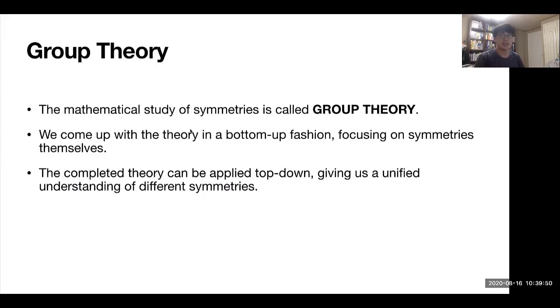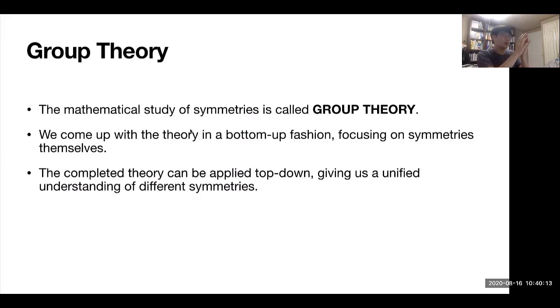So the idea is that you look at different examples coming up in different contexts. You find the analogy between those objects. You find what's common between them, and using that observation, you build up this abstract theory.